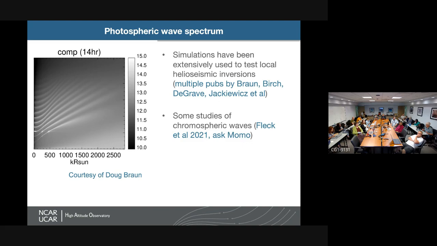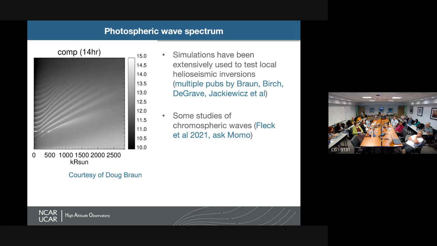And this k-omega diagram is close enough to solar that people who do local helioseismology, like Doug Braun or Aaron Birch, can just use this as if it comes from HMI and apply the helioseismic methods to it and test them, or see where they can actually infer subsurface flows.